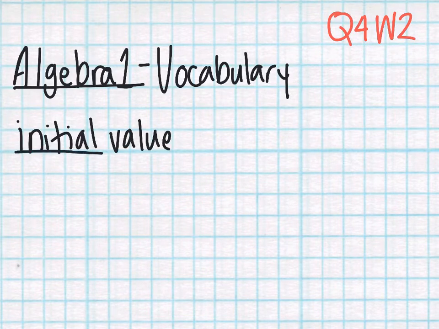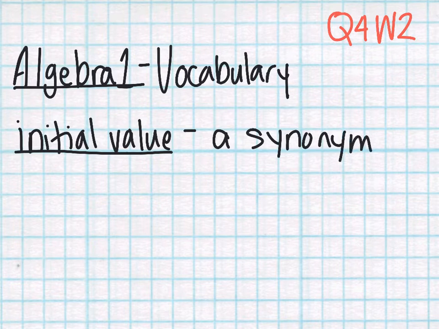So initial value is actually just, for our purposes in Algebra 1, going to be a synonym for our y-intercept. Remember, a synonym from English class is a word that has the same meaning. So it's a synonym for the y-intercept.